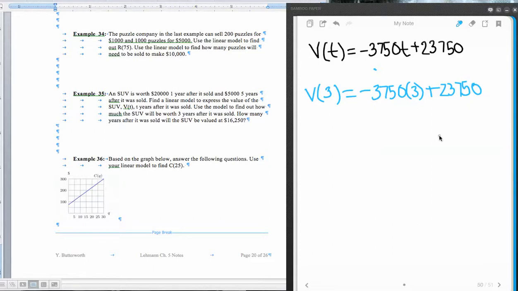And so 3 times 3750 is equal to 11,250, and of course that's a negative 11,250, and we're going to add 23,750 to that, and when we add 23,750 to that, we are going to get $35,000.